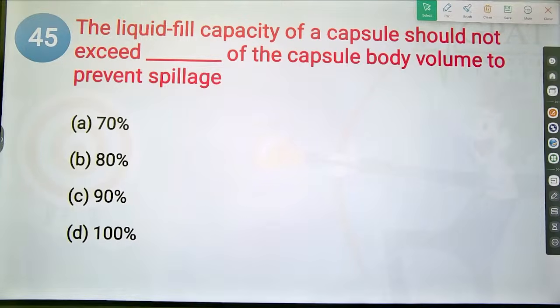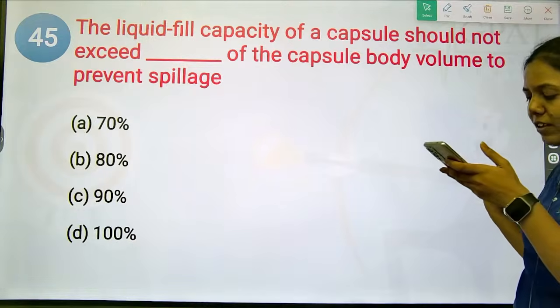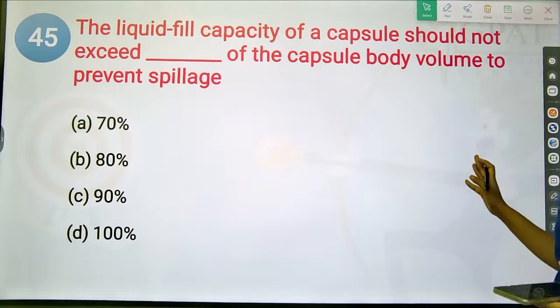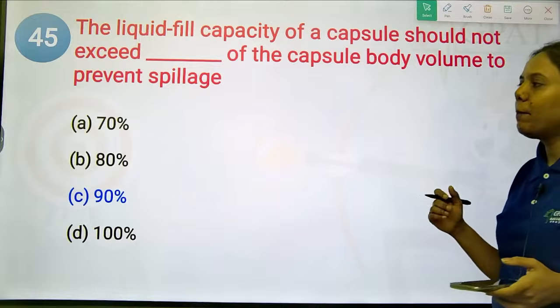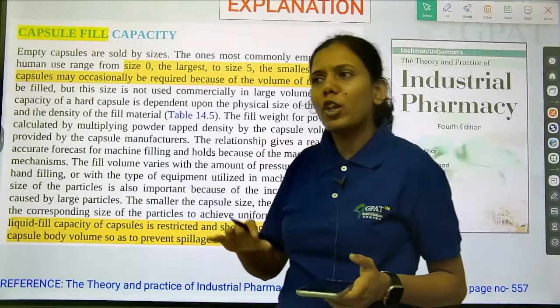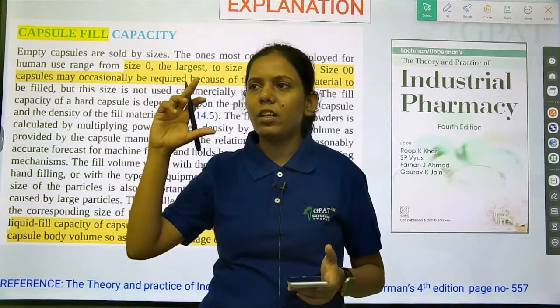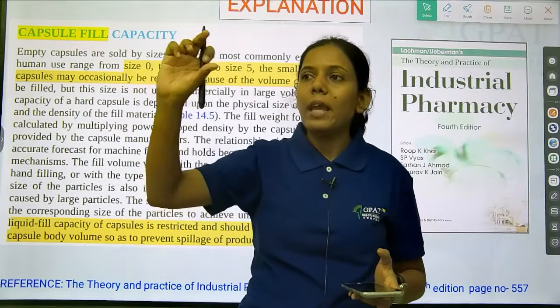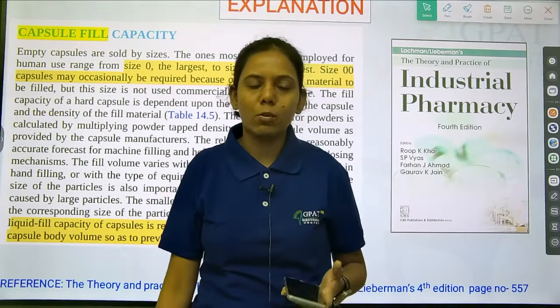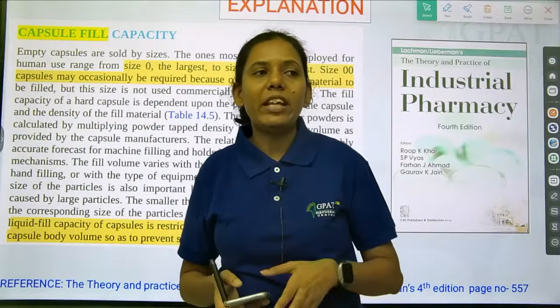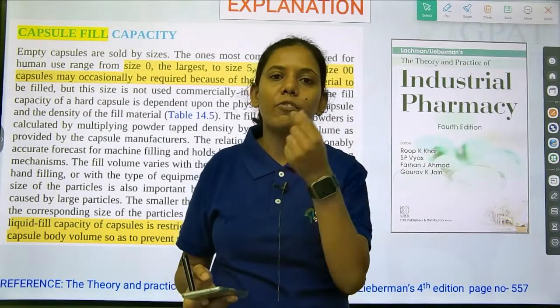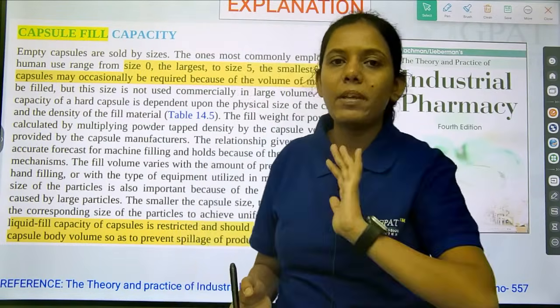So how much should be the maximum value such that it will not spill? Very good Abhishek, very good Devi. The C should be there, 90%, because 10% sometimes, not here, sometimes whenever you see any of the filling volume, the empty space is known as head space. Okay, so that is required specifically in the centrifuge tubes if you are using. So this is the head space that we maintain.